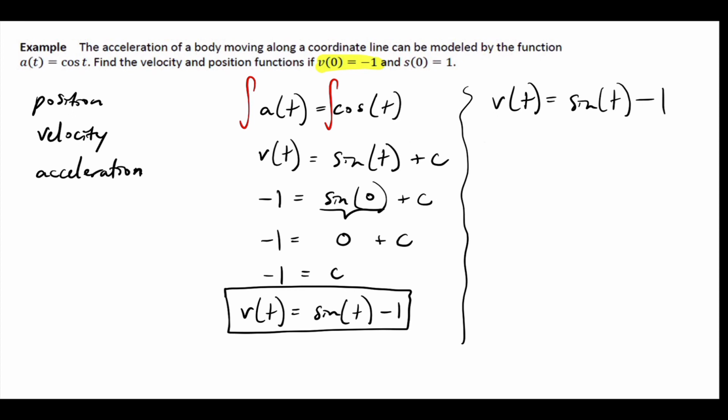Not the derivative, because that'll take me back to acceleration. There you go. Find the antiderivative. Integrate. So the antiderivative of v of t is s of t. s of t is what they use for position.